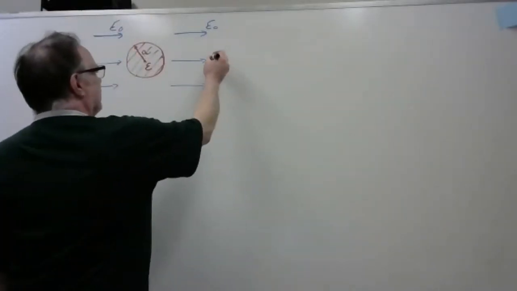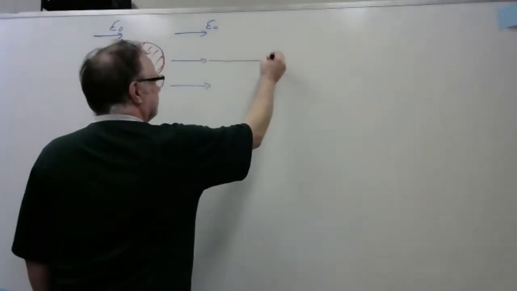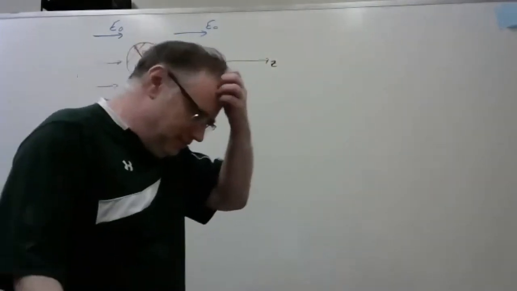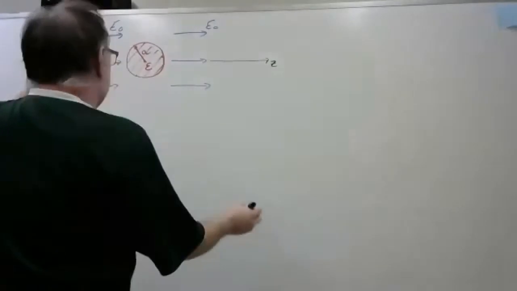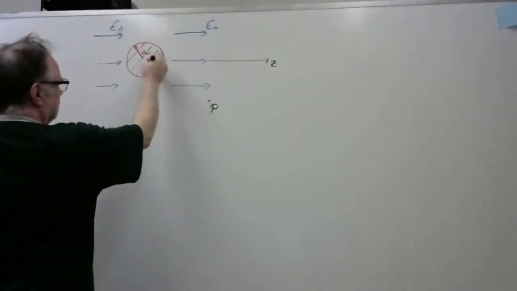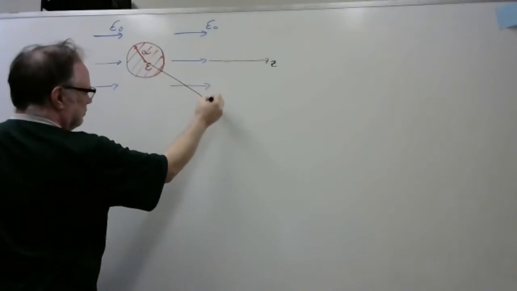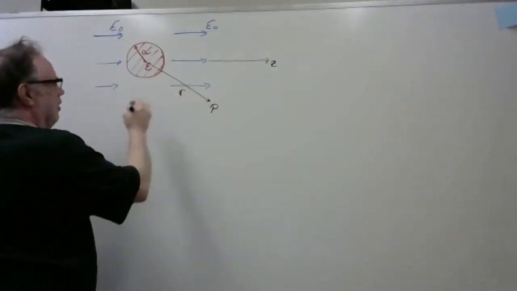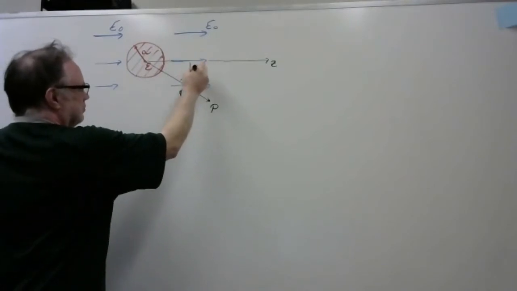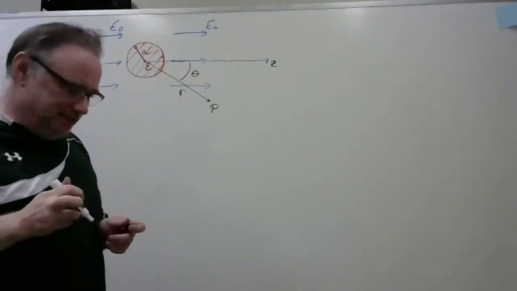Okay, so this is along the z-axis here. So when we take a point P out here somewhere, we would describe that as having coordinates r and theta with respect to the z-axis.